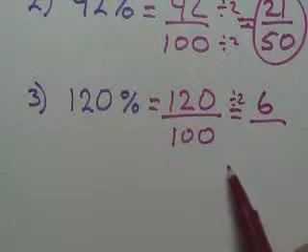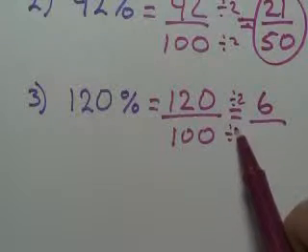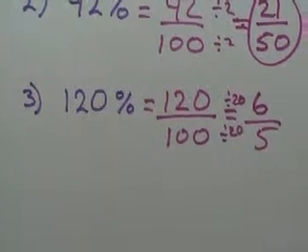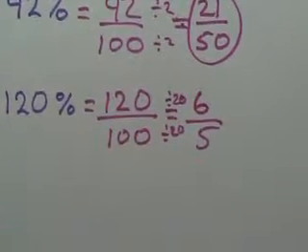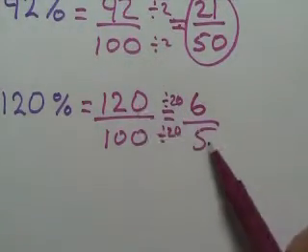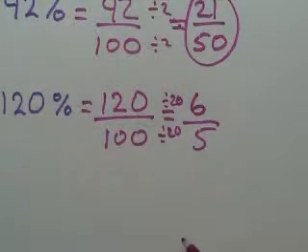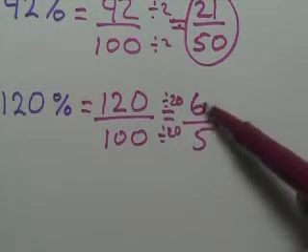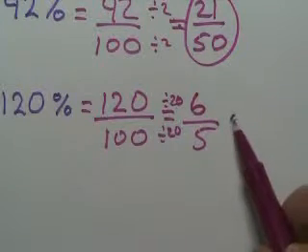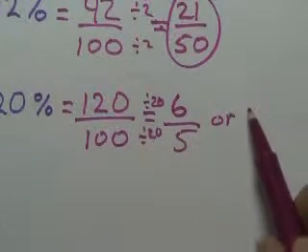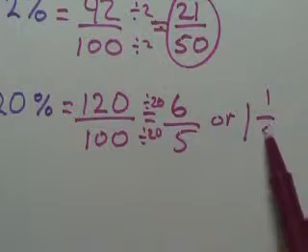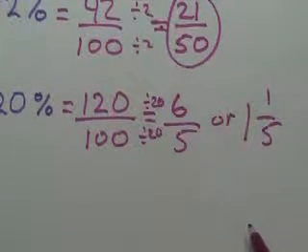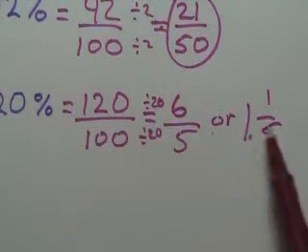And 20 goes into 100, if I divide by 20, 5 times. 6 times 20 is 120. 5 times 20 is 100. And of course, this can be reduced. You can leave it as 6/5, or it could be 1 1/5, right? Because 5 goes in there once with 1 left over. So you can see it either way.